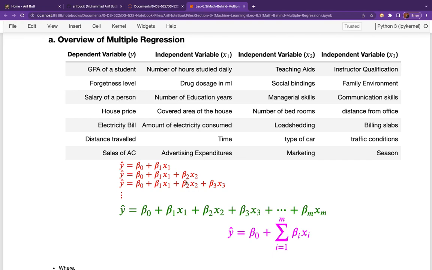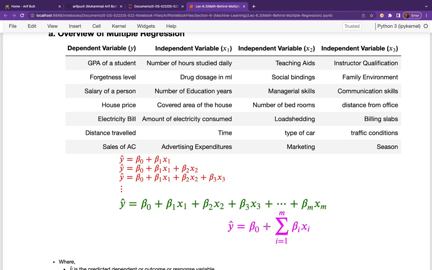However, in case of three or more input features, the model is the equation of a hyperplane, which is a bit difficult to visualize as we human beings live in a three-dimensional world. However, the generic form of a multiple linear regression is shown in magenta color over here. And of course, this is linear because all the betas are raised to the power of 1, not 2 or 3.